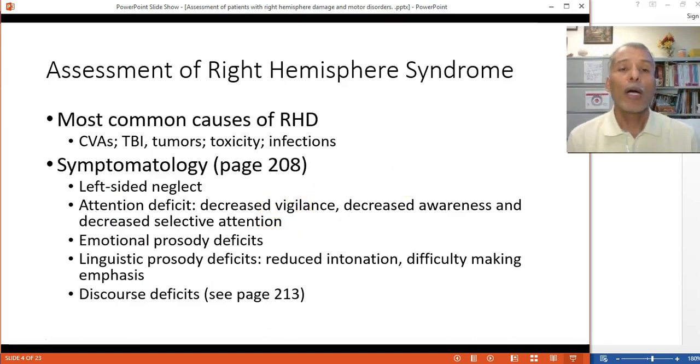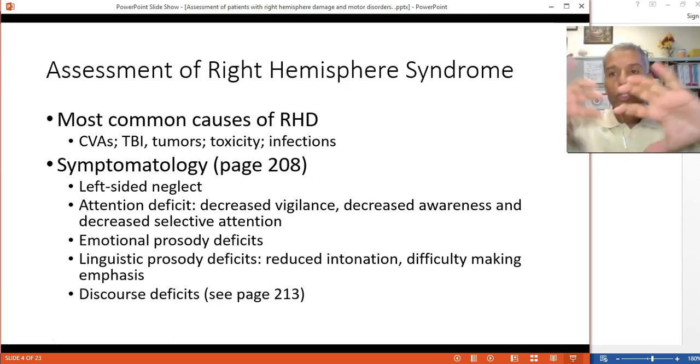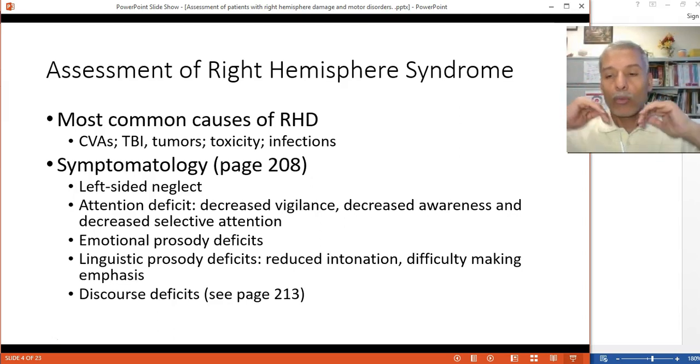In terms of causes of right hemisphere damage, there are many different causes, most often cerebrovascular disease, cerebrovascular accidents. Traumatic brain injury, and then tumors can also cause it, because the bigger the tumor grows, the more it pushes on the areas around it, and when it pushes, it is going to sever, cut, and put pressure on these areas.